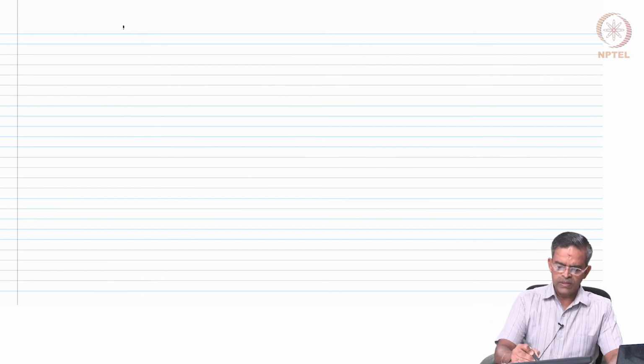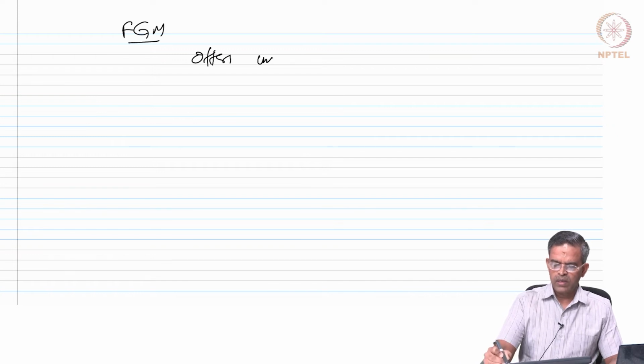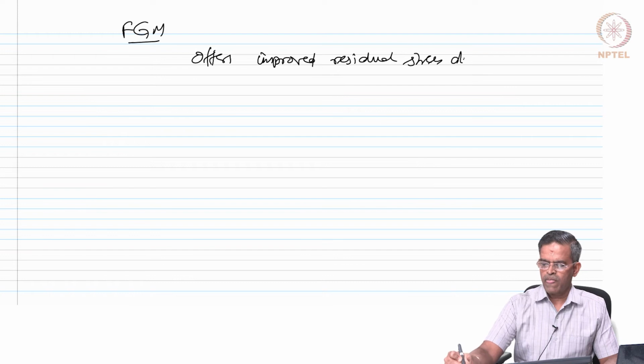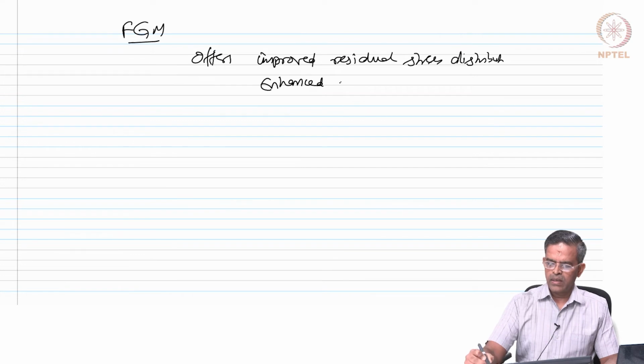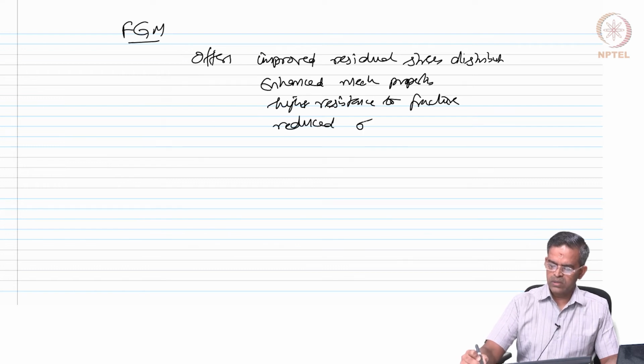So, for our convenience, let us quickly recollect that FGM offers improved residual stress distribution, it has enhanced mechanical properties, it has got higher resistance to fracture, and it has got reduced stress intensity factors.